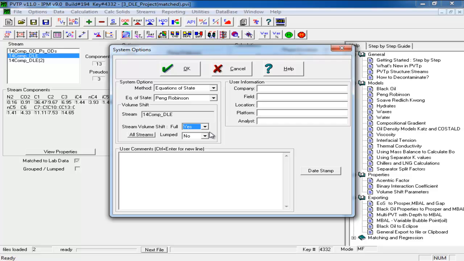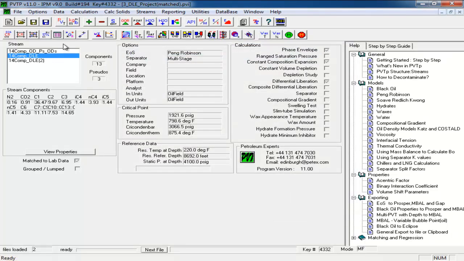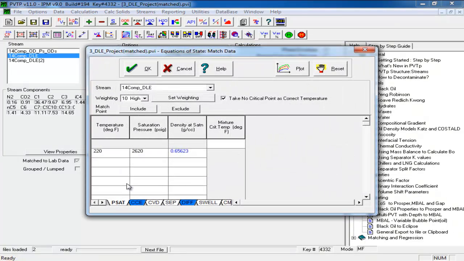So remember, at the first project, at the first one, we start like this. We say volume shift, yes. We say Peng-Robinson because it's the most reliable equation of state, especially with liquids. And our data was for oil, for liquid. So this is the first choice. Then we enter the saturation pressure data. At BSAT, we enter two things. The saturation pressure, which is the bubble point pressure, and the oil density at this pressure.